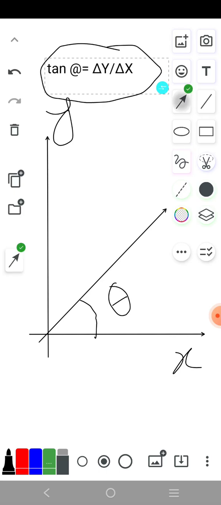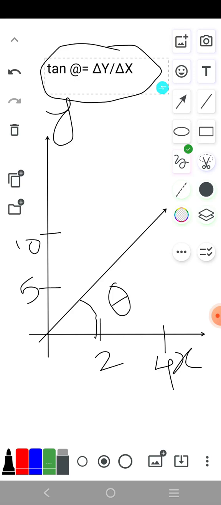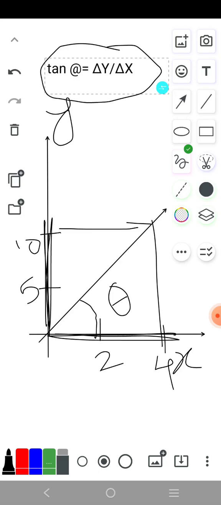See, here suppose we draw 5, 10 along y, and 2, 4 along x. Suppose the change along y axis is 10 and the change along x axis is 4.